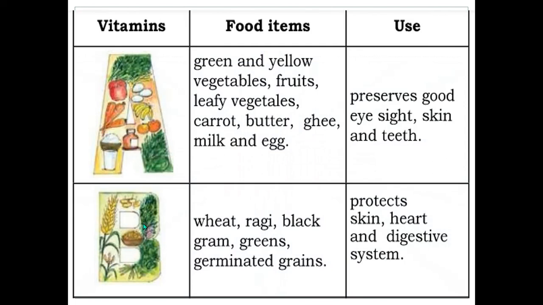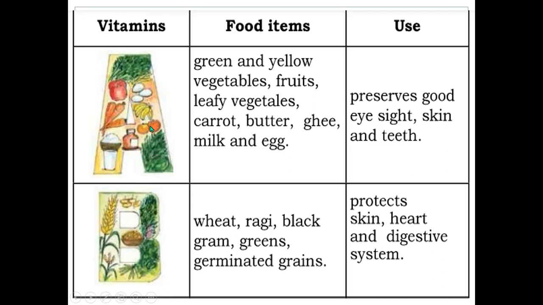Now we can see which food items contain vitamin A and what the uses of vitamin A are. Food items such as green and yellow vegetables, fruits, leafy vegetables, carrot, butter, ghee, milk and egg. Here you can see in the picture green and yellow vegetables like banana, papaya.